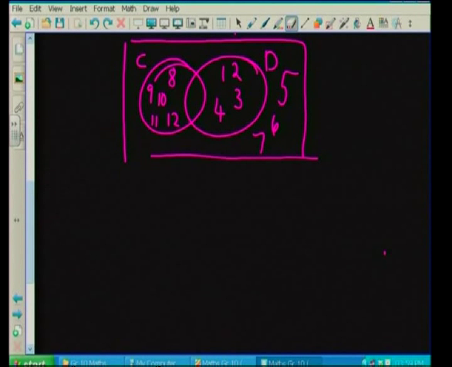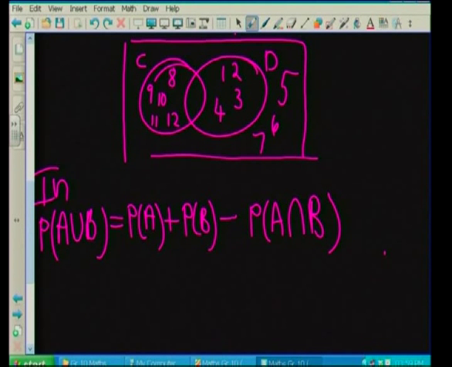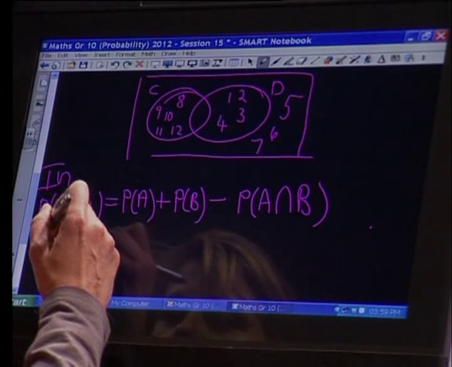For our inclusive events, I'm going to write down: if they are inclusive, the probability of A or B must equal the individual probability of A plus the individual probability of B minus the probability of A intersection B. So that is for inclusive. So let's have a look. The probability of C or D, that's 1, 2, 3, 4, 5. 5 out of 12.